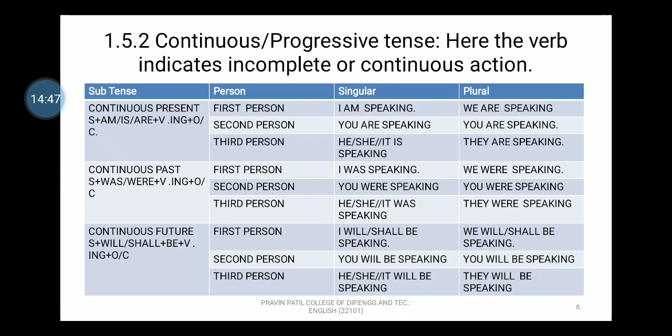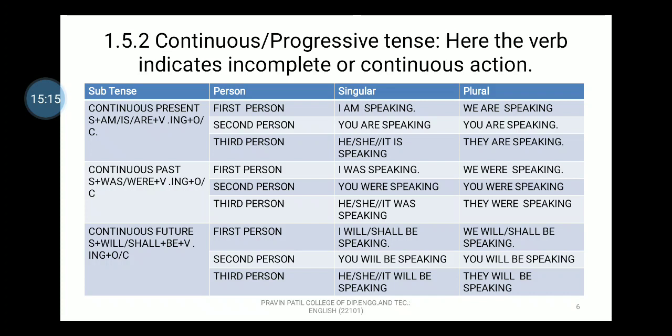I रहा या we रहा, you रहा तो you, he, she, it या third person है, या they या plural है third person में. Continuous past में भी क्या रहेगा? Am is am are की जगह पे was were होगा. Okay, देखो, I was speaking, we were speaking, you were speaking, he, she, it was speaking, they were speaking.